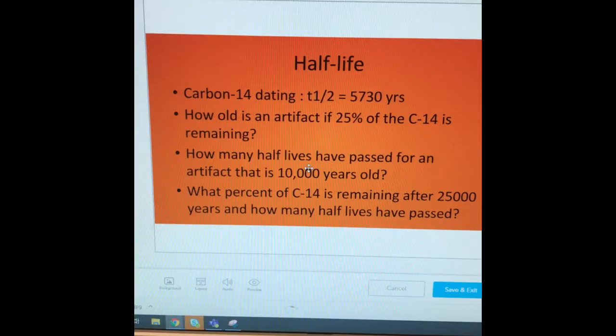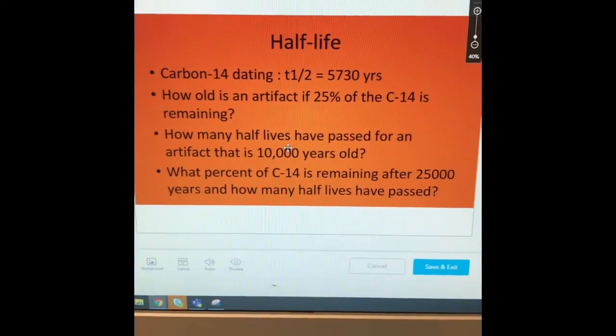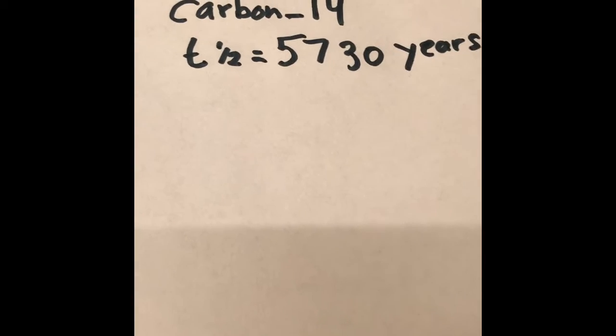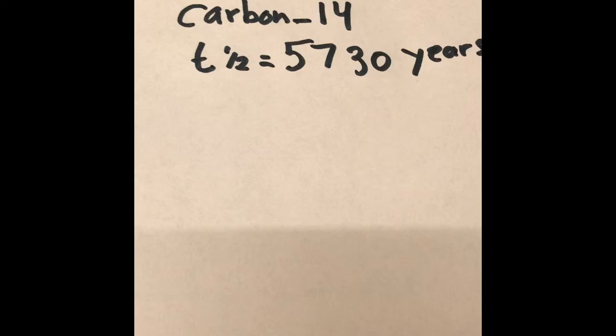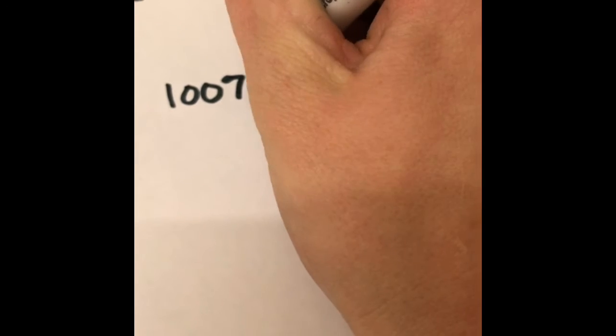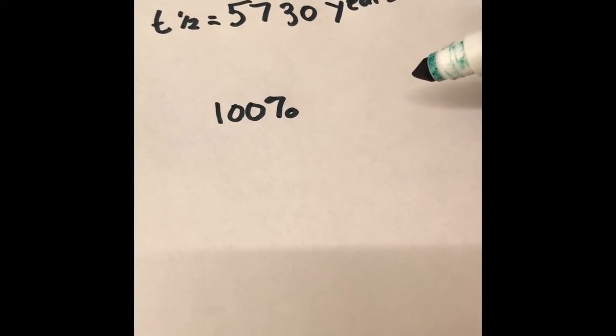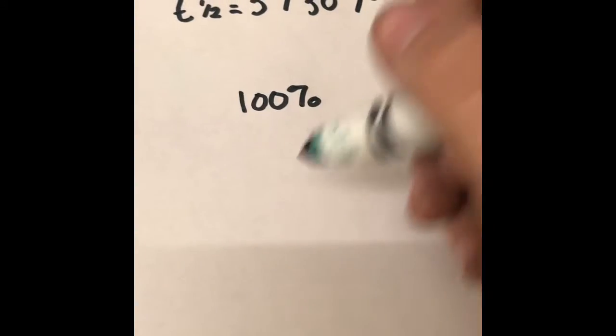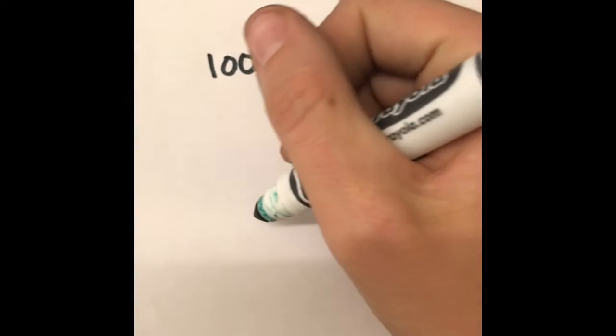Now our first question says, how old is an artifact if 25% of the carbon-14 is remaining? So basically we have to determine how many half-lives have occurred. Let's assume that we're starting with 100% of carbon-14 in our sample. We have to determine how many half-lives it will take to get to 25%.